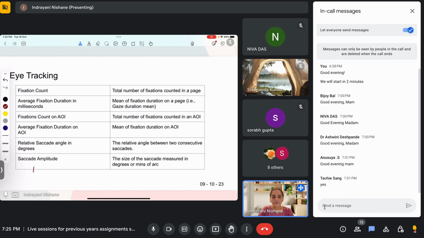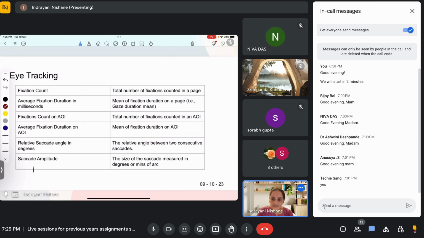For that we first fix the coordinates of our area of interest, and see how many times the pupil reached those coordinates. Then average fixation duration on a particular AOI: in the same way, the difference of timestamps will give us the fixation duration.